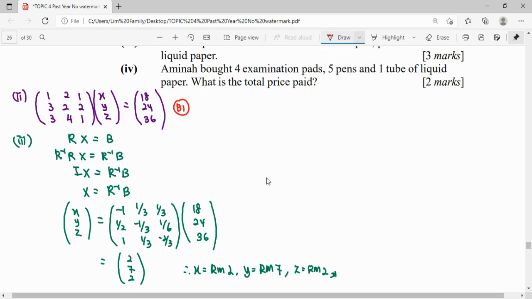So here we see how we use your R inverse concept to find the answer of this unknown matrix. Then state our answer here: what is our X, Y, Z?